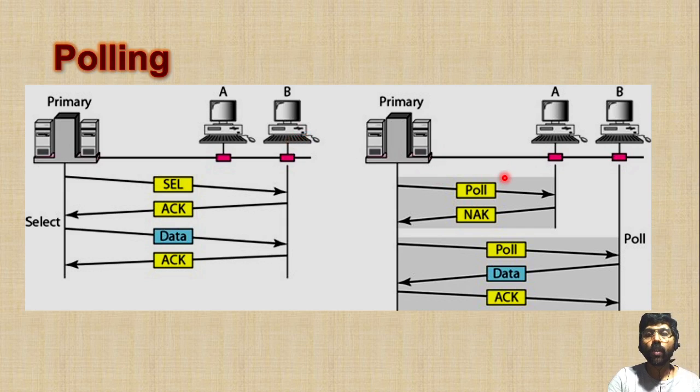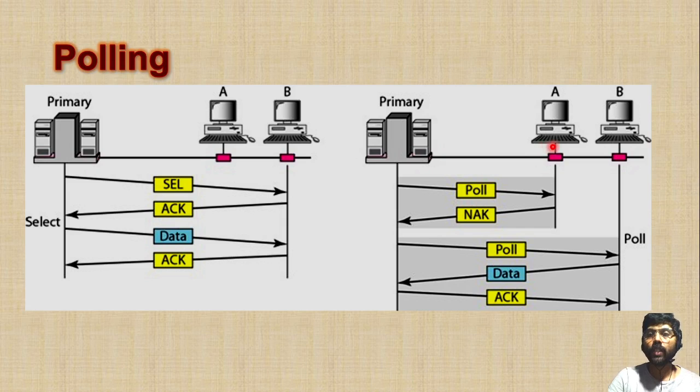Next one is called the polling function. The polling function is actually used when the primary station wants to receive some data from the secondary station. So what will the primary station do? It will send one frame called a polling frame to one station, the first station.